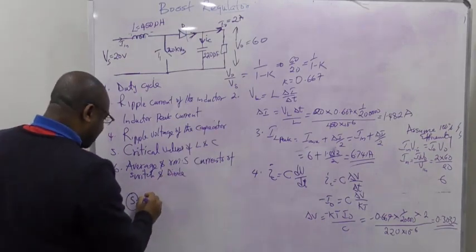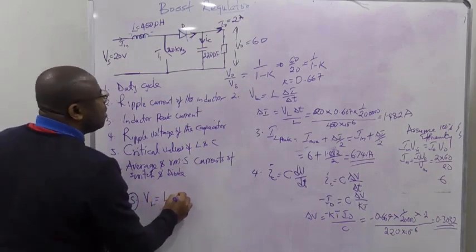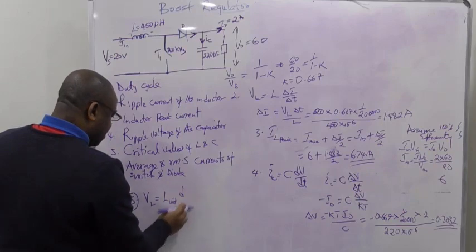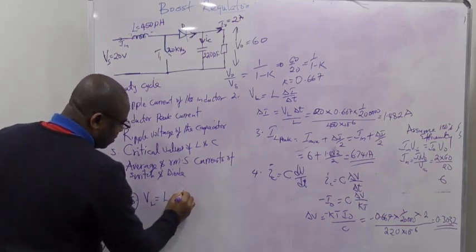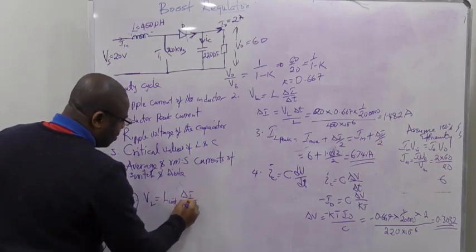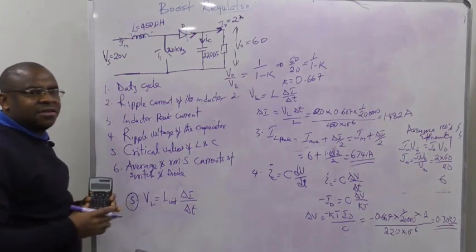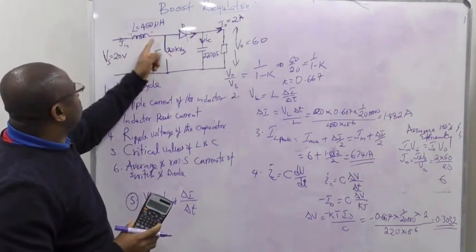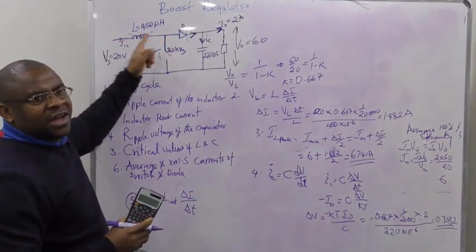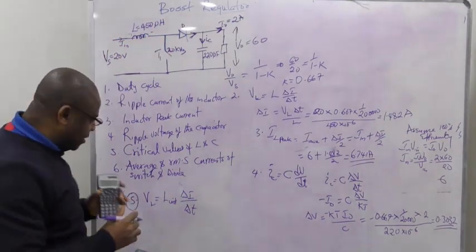So critical value, we have that VL is L critical, dI over dT. But remember what we said about delta I. All right. Remember that the I, we're dealing with what is happening here. So delta I will now be twice of I in at critical value.